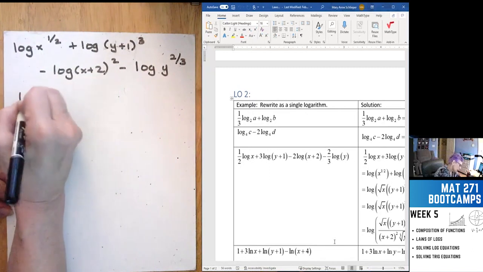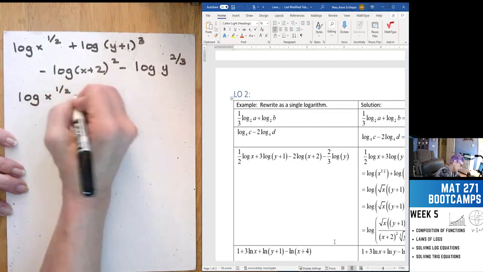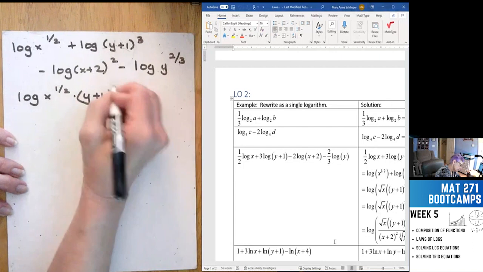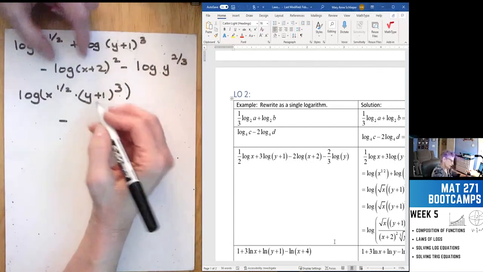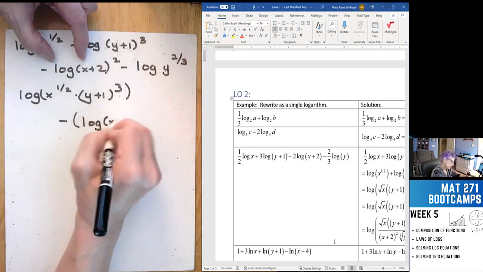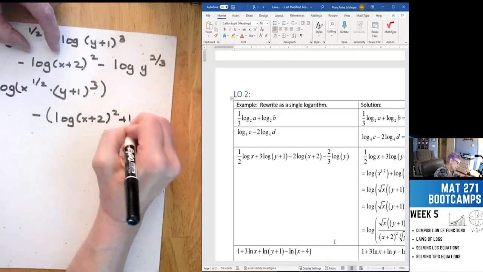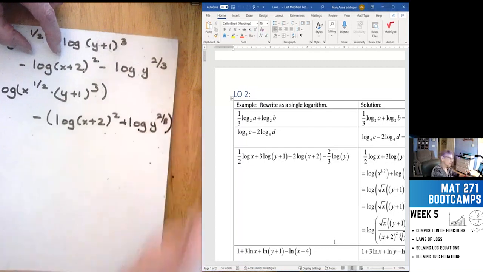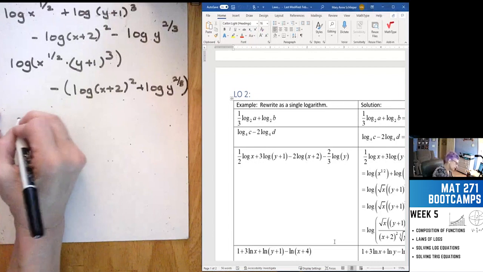That makes it really obvious that they're going to be together in the denominator. So we could have log of x to the 1/2 times y plus 1 cubed minus, if I factor a minus sign out here, I would get log x plus 2 squared plus log of y to the 2/3. Now that's something I can rewrite as a product.